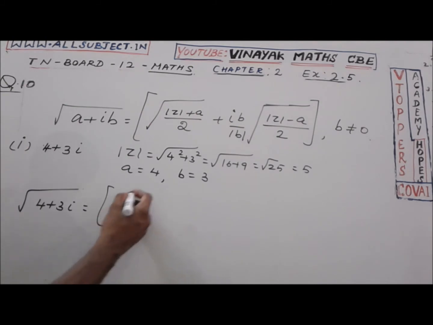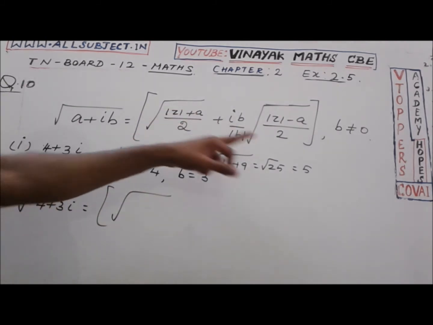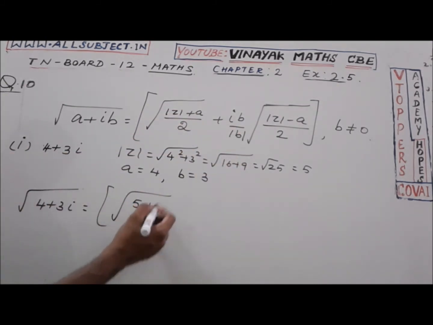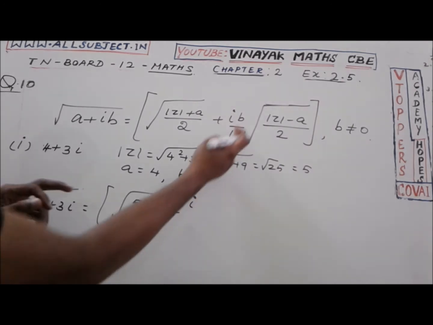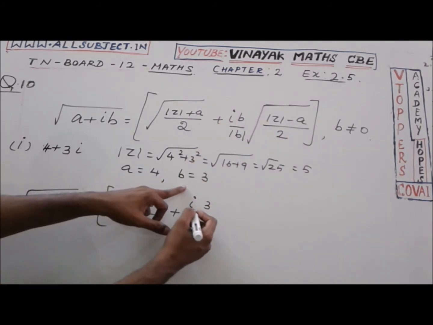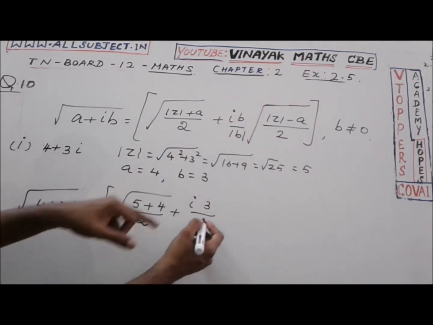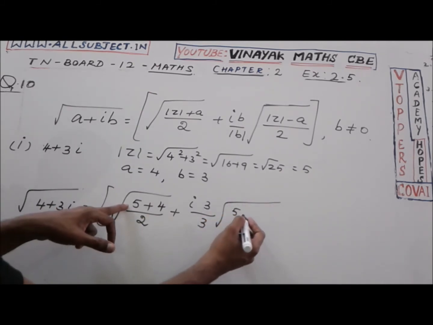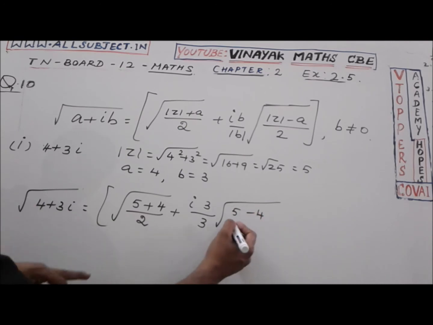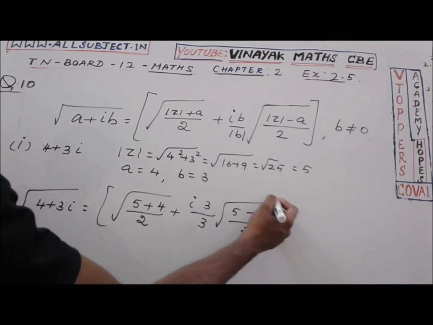Now substituting here, root of 4 plus 3i equal to square root of (modulus z, which is 5, plus a, the real part 4) divided by 2, plus i into b by modulus b, that is 3 divided by 3, into root of (modulus z 5 minus a 4) divided by 2.